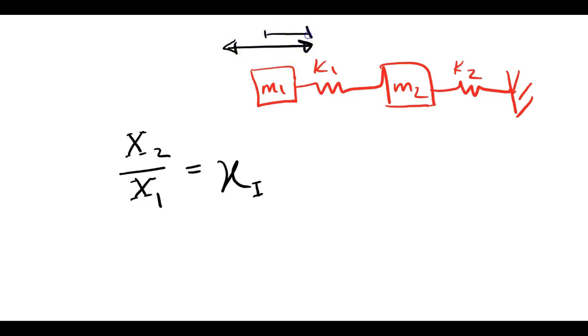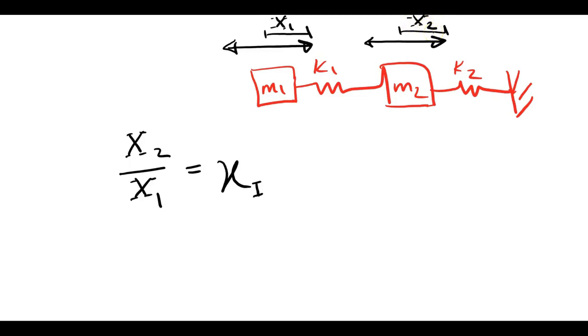So we consider x1 as the amplitude of the motion for mass 1, and if mass 2 is also moving, this is the amplitude for mass 2, denoted by capital X2.